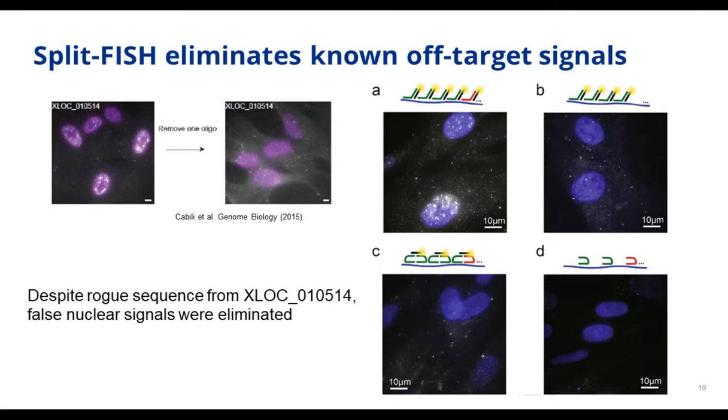Because the misbinding of this sequence to the nucleus is by itself, and that off-target sequence will not have sufficient complementary nucleotides to allow the binding of the readout probes. So in that case, the split probe is indeed able to eliminate these off-target signals.